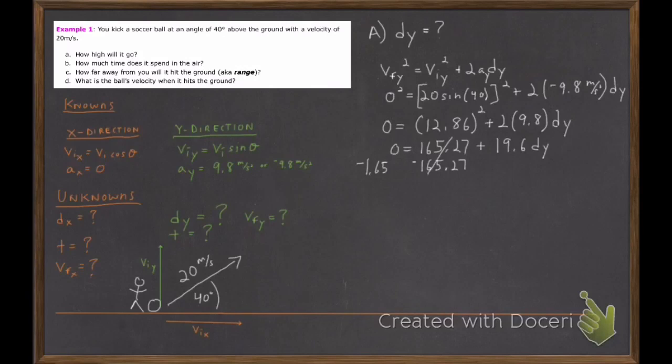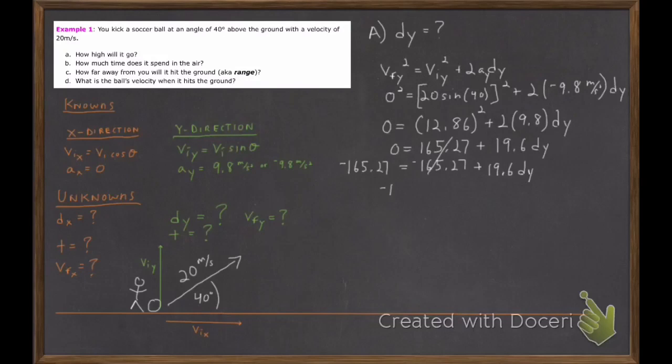Oh, sorry about that. Negative 165.27 equals plus 19.6 dy.